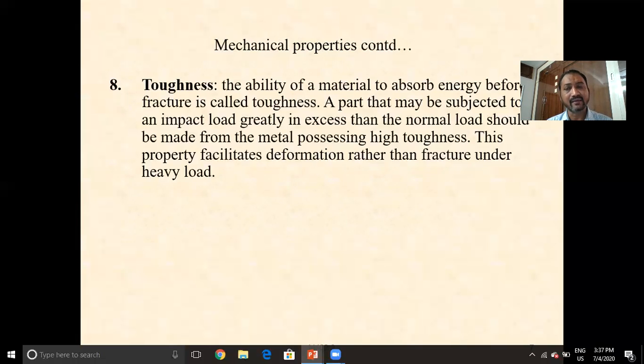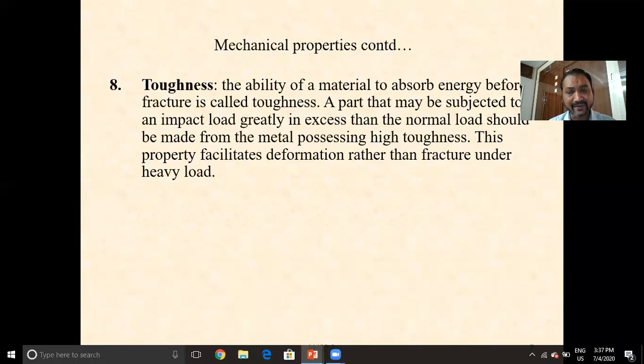Brittle materials have only a small amount of toughness, and due to that they fracture immediately. If the toughness is more, the material will not fracture, and it is able to absorb energy up to the highest load.